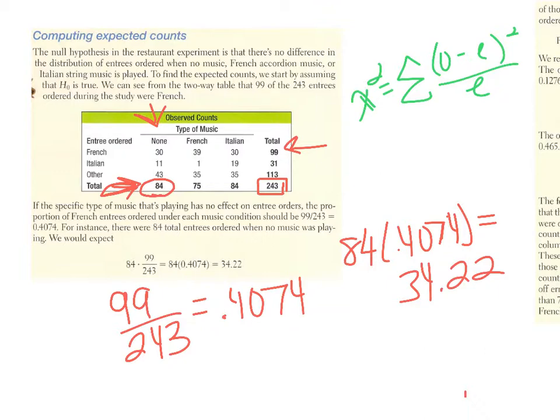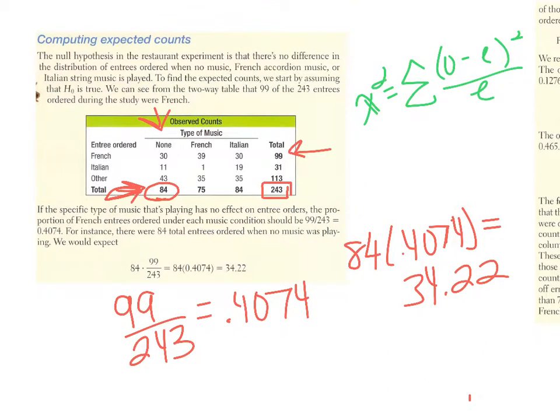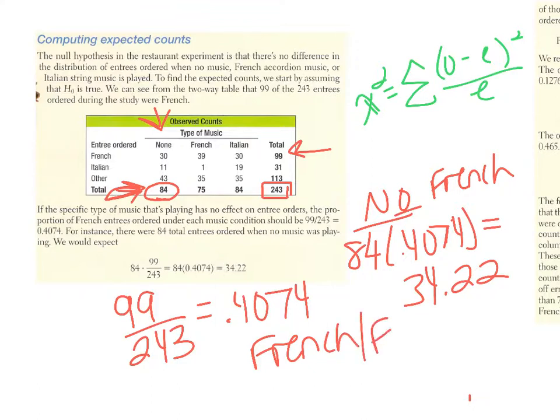And I can continue to do that for the other types of music. This is when no music is playing, and I'm looking at French entrees. And this is when French music is playing, and I'm looking at French entrees. Again, I expect about 41% of them to be French, because 99 out of the 243 were French.